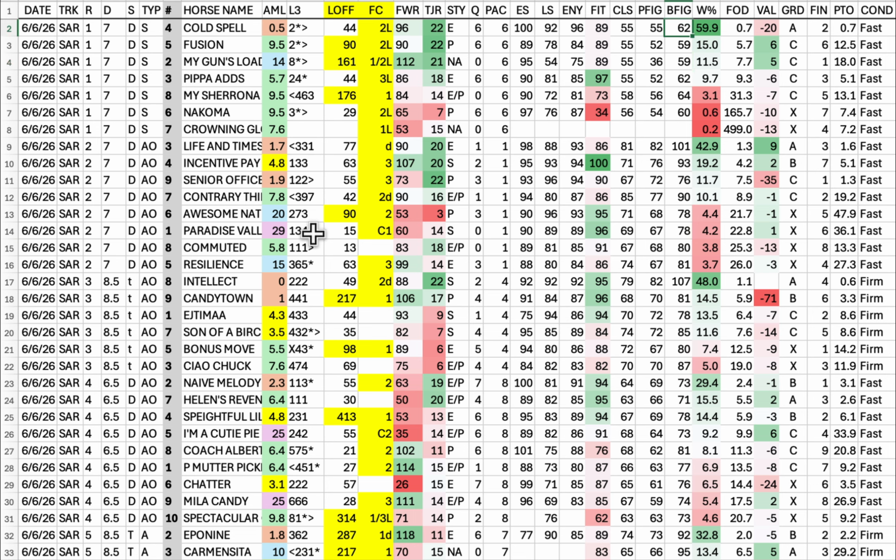The horse is trying to figure out a best case scenario. And if that best case scenario is significant, it will change something, which I'll talk about in a minute.